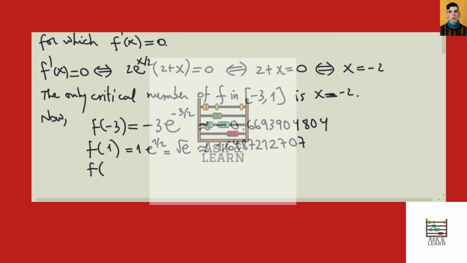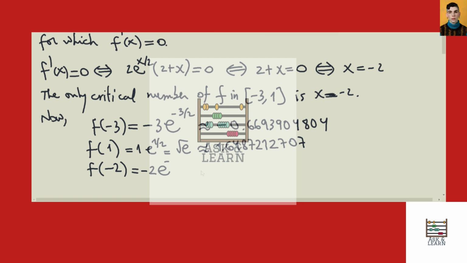And finally, f at the critical number -2 is -2 times e to the -2/3. Sorry, I made a mistake here. It's not like that.